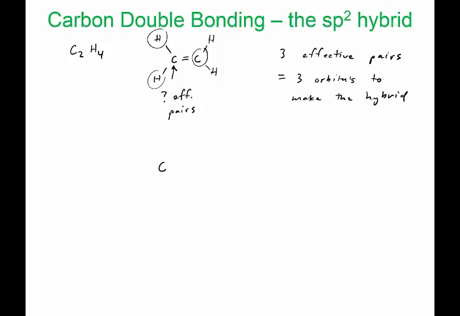Your carbon will have a hybrid orbital here and here, and then another one here to connect. In each one of these hybrids, it's going to have an electron awaiting a pairing with another atom. So this right here is an sp2 hybrid orbital, and all three of them are.